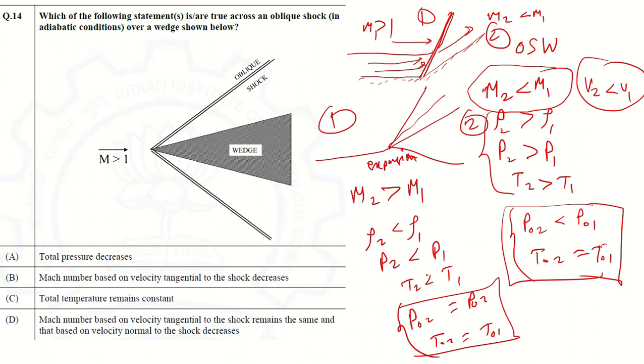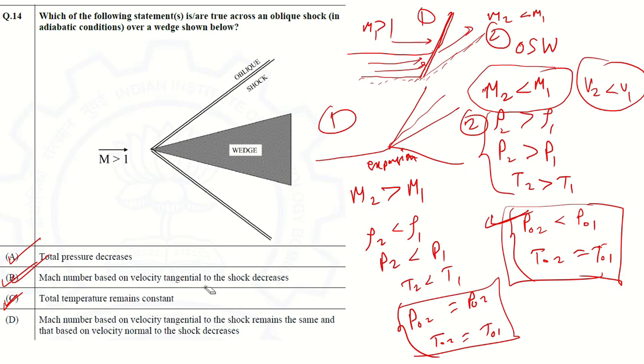Now this oblique shock is given. Here you can find that total pressure is decreasing. Mach number based on velocity tangential to the shock decreasing. Mach number is also decreasing, and C. Here M, N, and MT are given, tangential and normal.